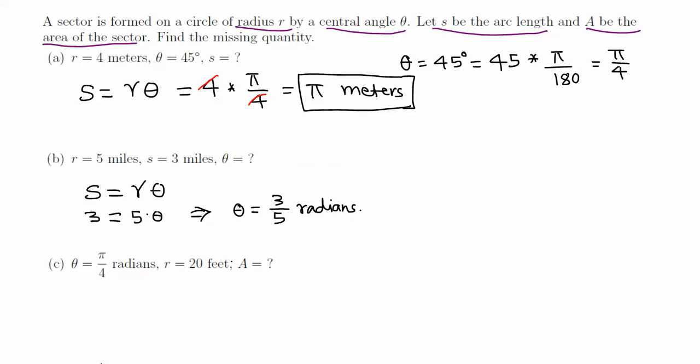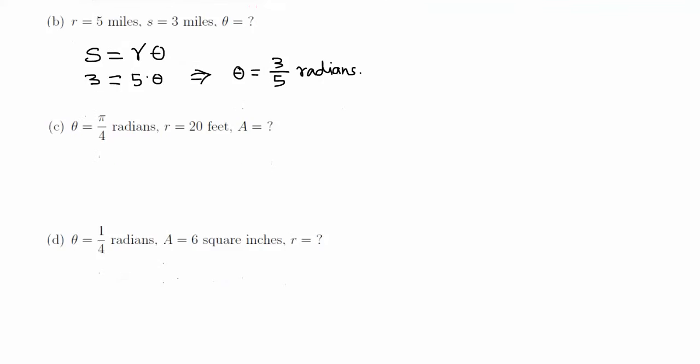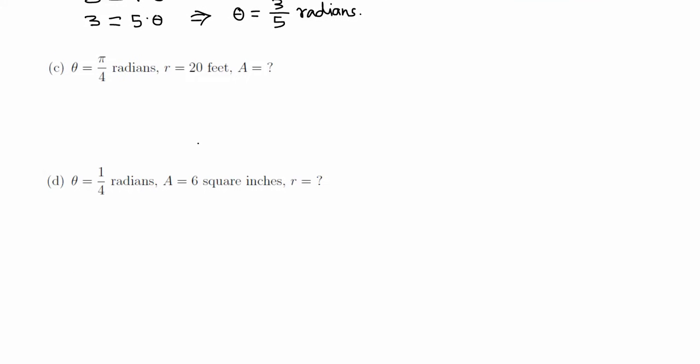Okay, let's go to part C. Theta is pi over 4 radians, r is 20 feet. Now this is the area of the sector, and we know the formula is A equals half r squared theta, and we need to determine A, so we can just work on the right hand side.